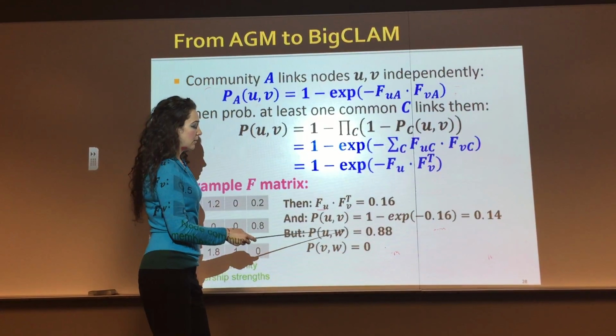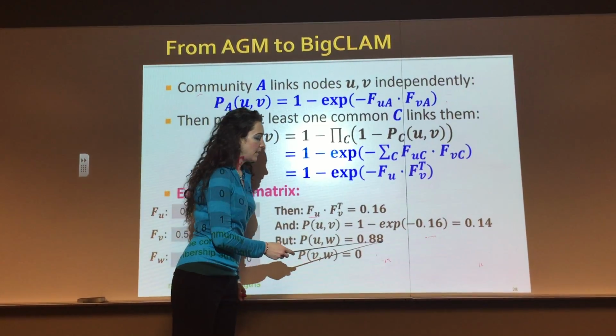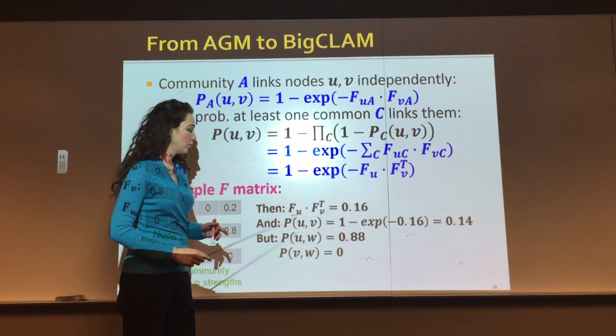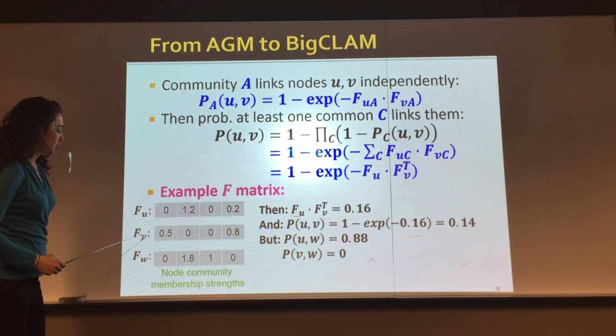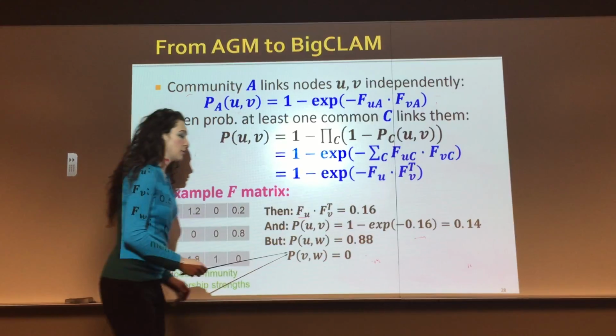They have some likelihood. The second one was 0.88, a higher likelihood. And the last one was 0 because they do not share any communities.